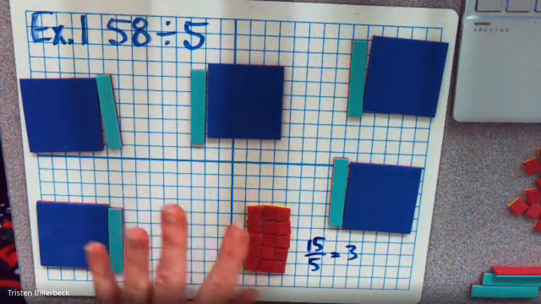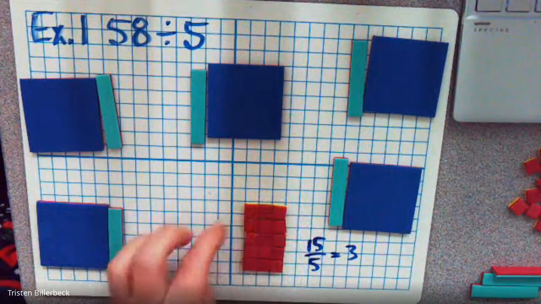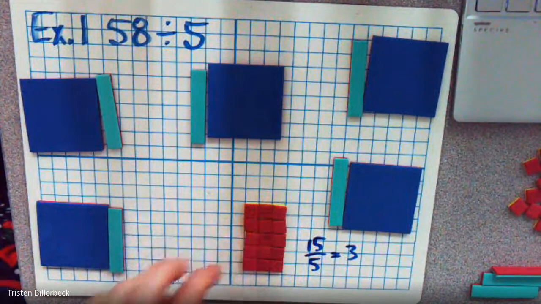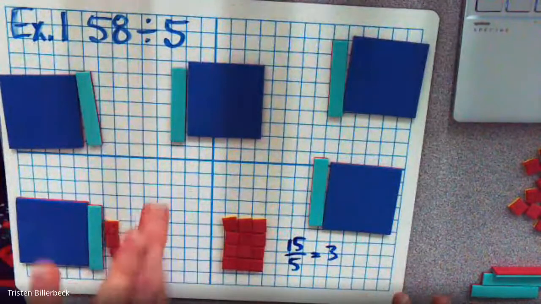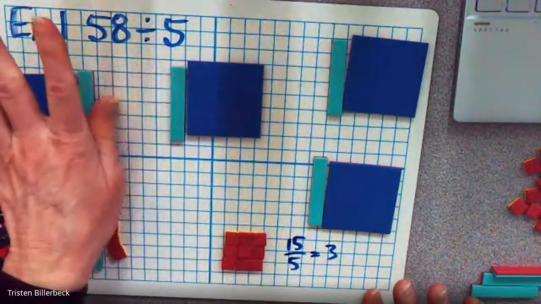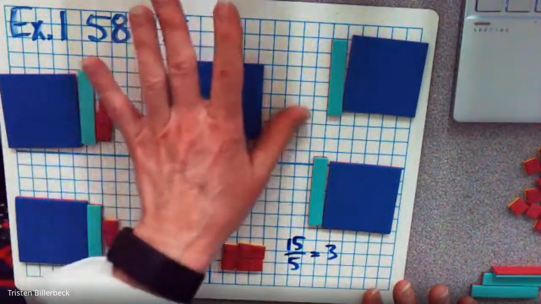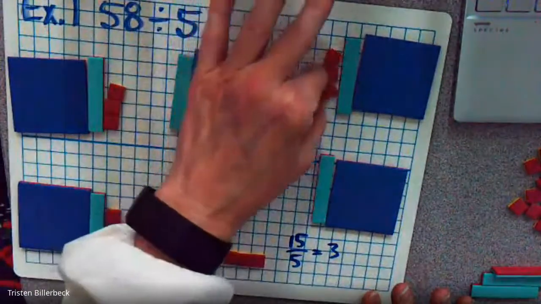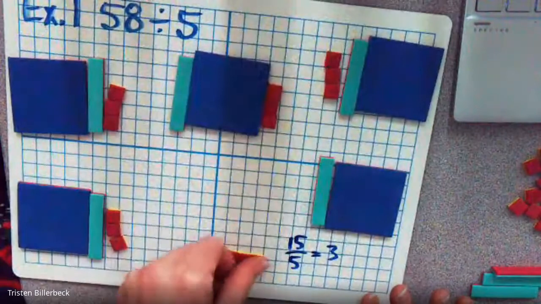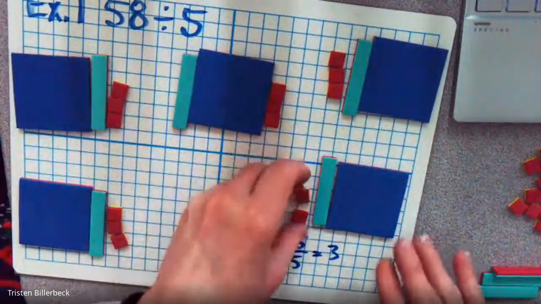So we see that we have 5 rows. 1, 2, 3, 4, 5. That makes it easy. We could take 3 here, 3 here, 3 there, and 3 there. And also 3 here.